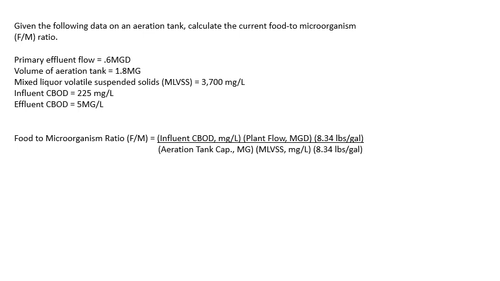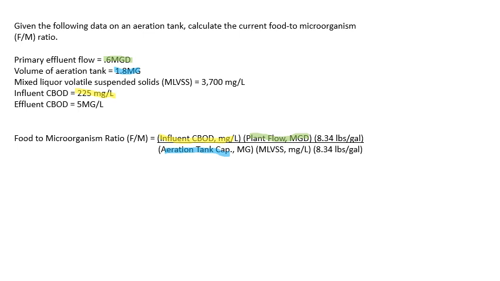Your influent CBOD, we have 225 milligrams per liter. Your plant flow, million gallons a day: we have primary effluent flow, so plant flow, 0.6 million gallons a day. Aeration tank capacity, 1.8 million gallons.